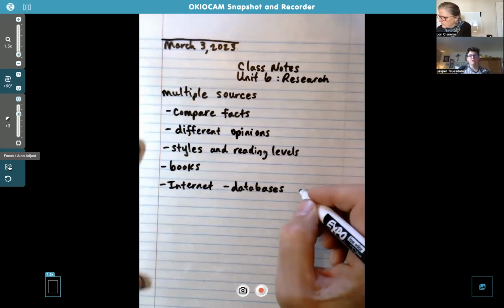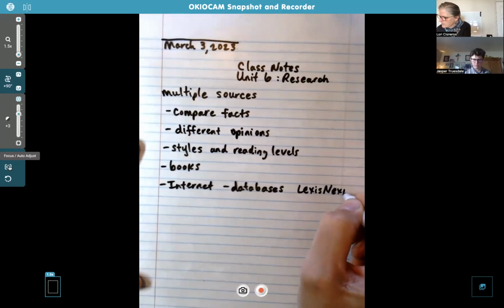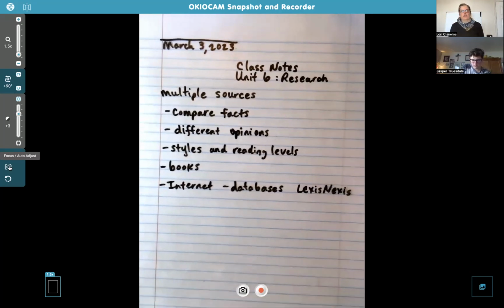I don't think so. LexisNexis is actually a paid database, so you don't have to sign up for that. But there's different levels of databases where you can find information on the internet. Obviously, I'm going to show you the free way, because we've got to figure out how to use that as well. How do we navigate through stuff online to find the truth? We'll be talking about that a lot.